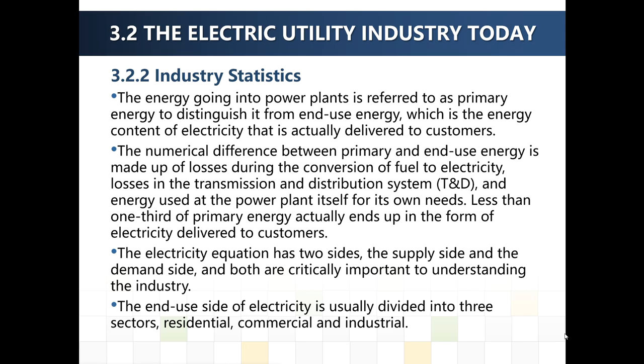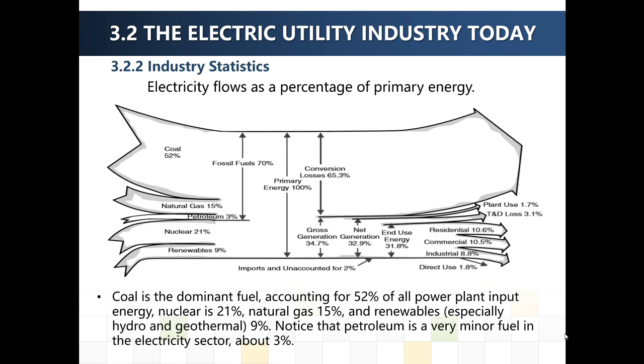The electricity equation has 2 sides, the supply side and the demand side. Both are critically important to understanding the electricity industry. The end-use side of electricity is usually divided into 3 sectors: residential, commercial, and industrial. This graph shows the electricity flows as a percentage of primary energy.